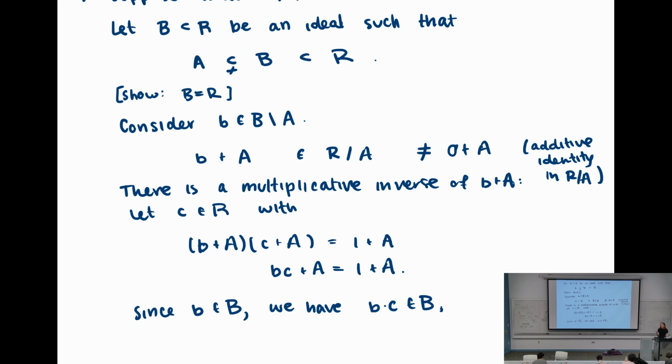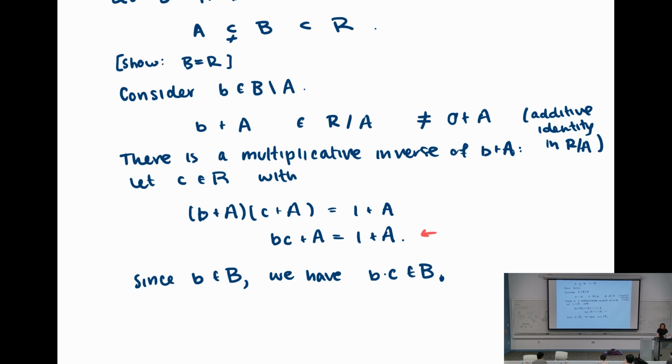Because B is an ideal, so I can multiply anything in B by anything in the ring, and I stay inside of B. Okay, so we have that bc is in B. And by this line, we know that 1 minus bc is an element of A. Do you all agree with me on this one?